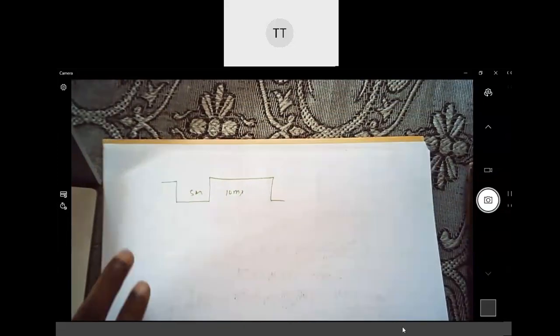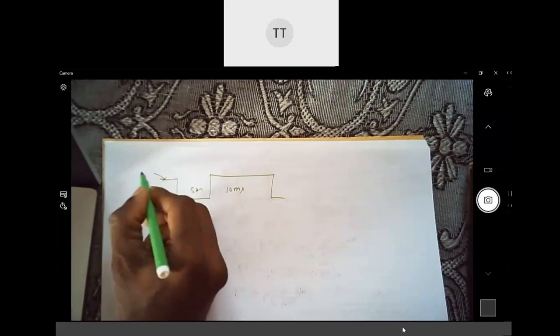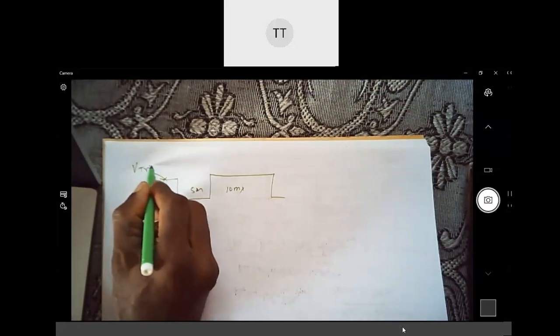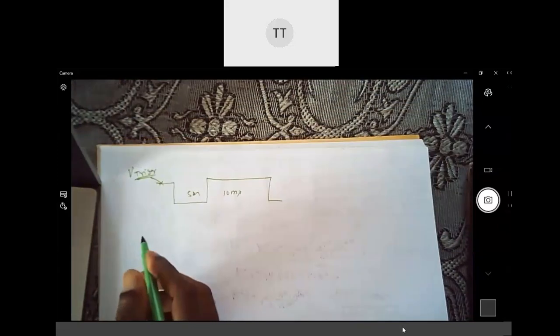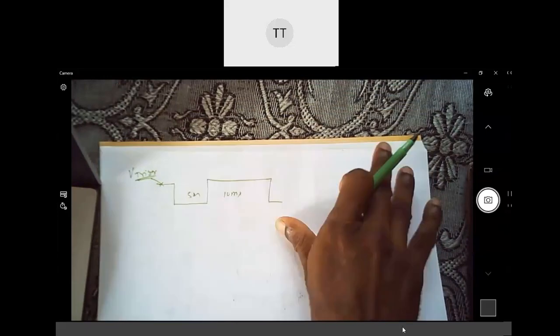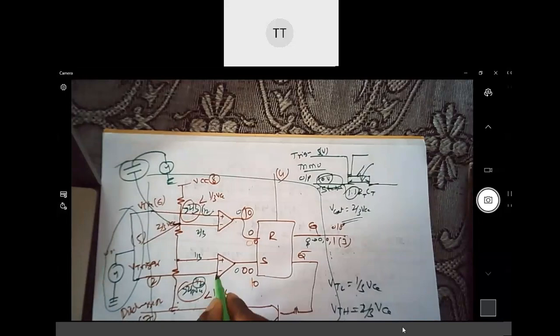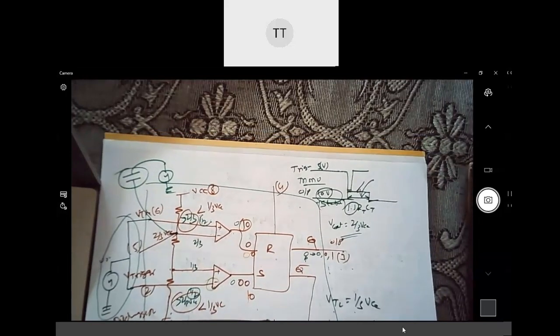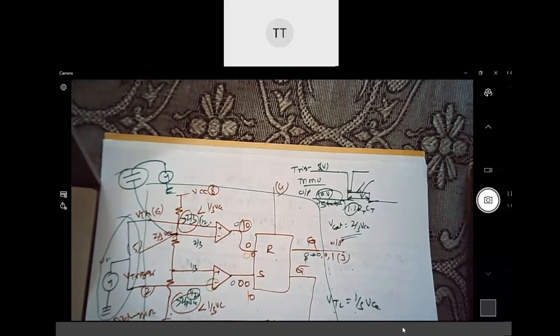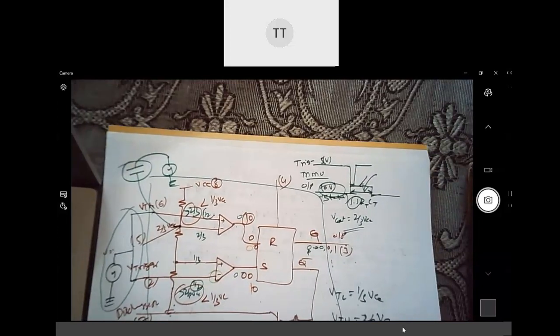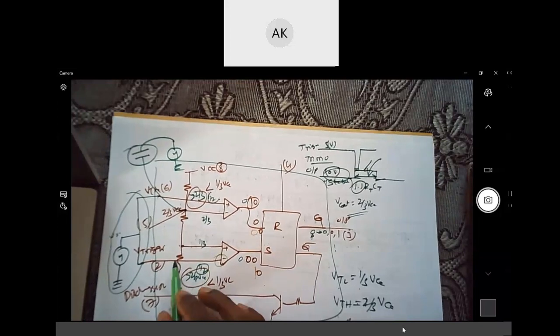This is for 10 milliseconds. Correct? Is this V trigger actually going to a comparator point, this one? Correct? Can you see?